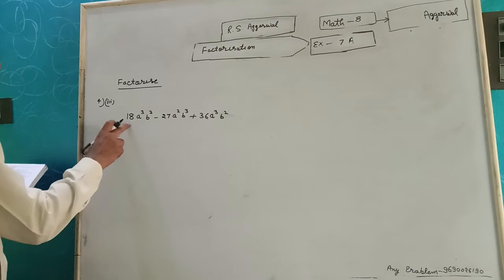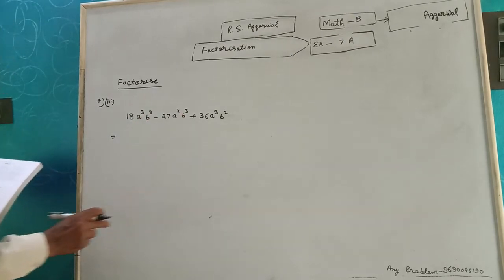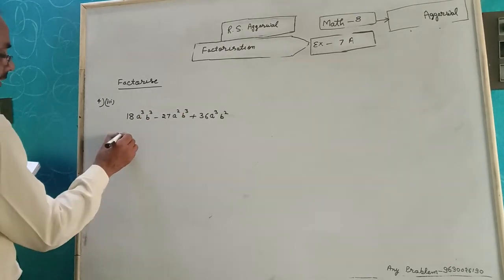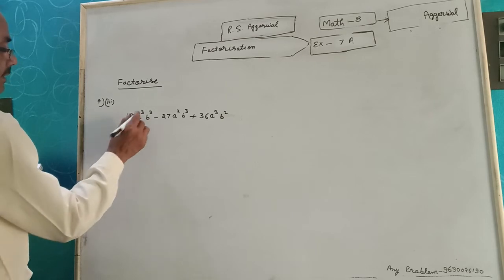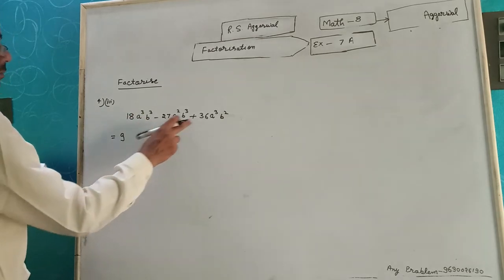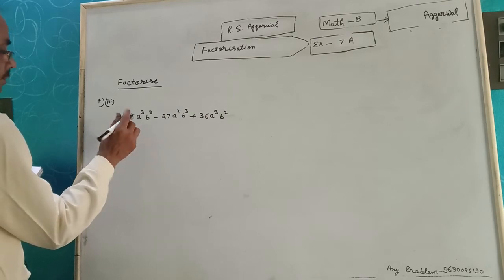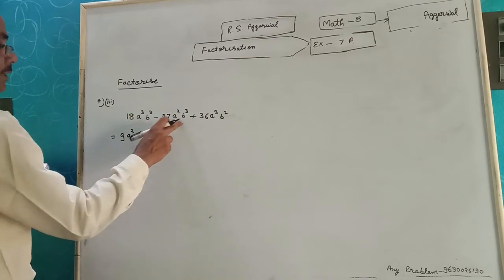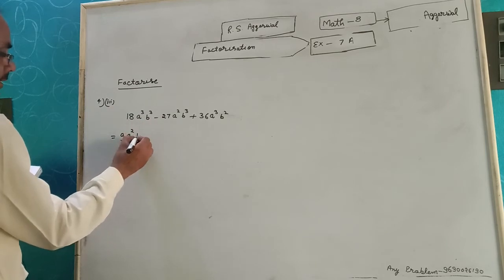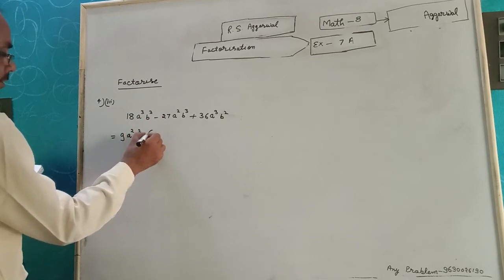Common from 18, 27 and 36 is 9. a cube, a square and a cube, common will be a square. b cube and b square, b square will be common.